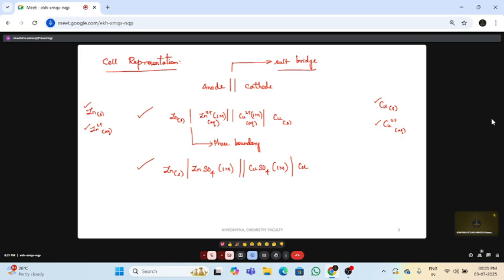Now we're going to see what kind of chemical reactions actually happened in the anode, cathode, and in the overall cell. Okay. In the Daniel cell, in the anode, what kind of chemical reaction occurred?